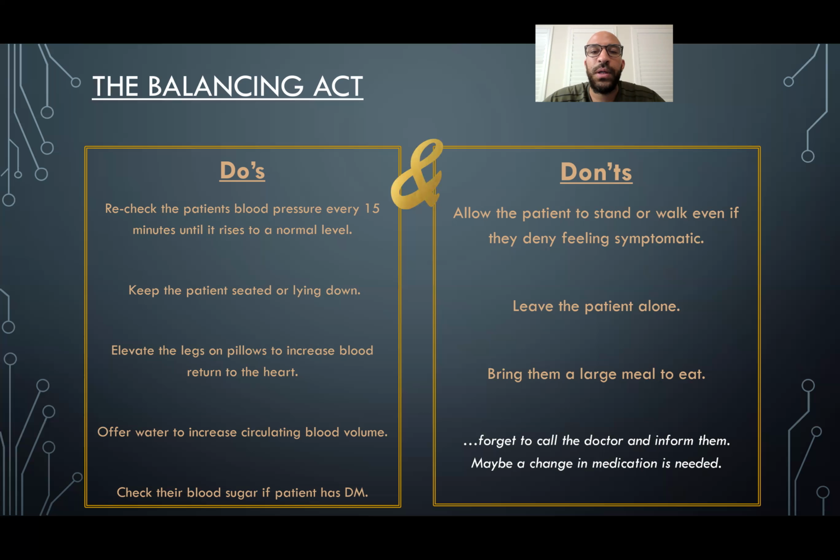Some don'ts of the balancing act: don't allow the patient to stand or walk even if they deny feeling symptomatic. So we let the patient rest until their blood pressure reaches a normal level. Remember, we define the normal level by the patient's history.